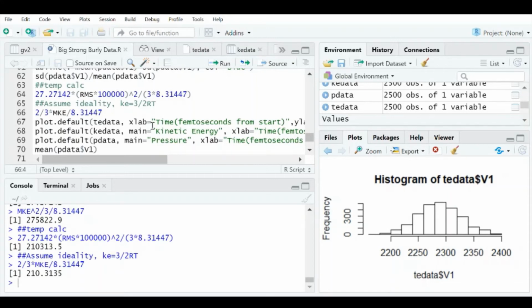By assuming ideal behavior, which is already implicit in the kinetic molecular theory, I was able to determine the temperature of the system in Kelvin was 2/3 the mean kinetic energy divided by R, the ideal gas constant. I now understand the temperature of the system must be 210 degrees Kelvin, which is about negative 60 degrees Celsius.